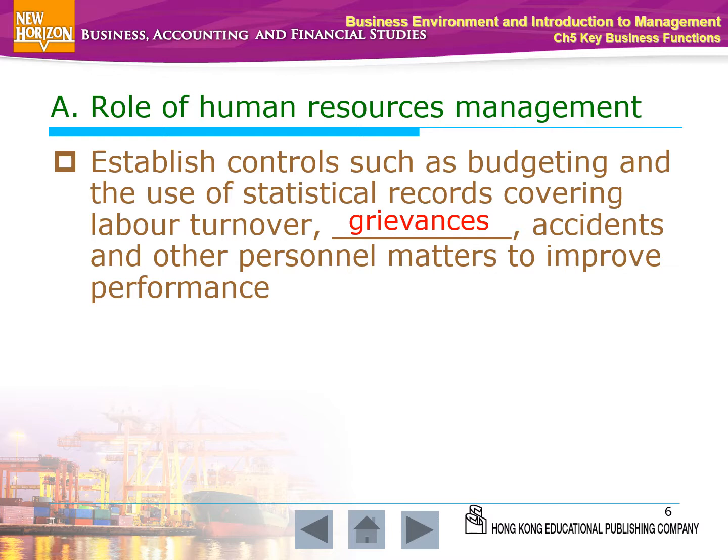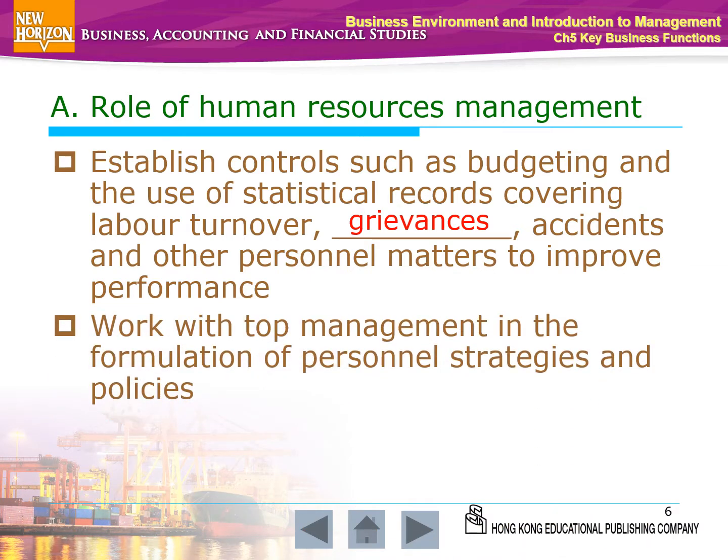Of course, if the employees have many grievances, that means dissatisfaction with the company's policy or the company's task, they will leave the company. So the HR department is trying to keep such kind of grievances as low as possible. Of course, accidents and other personnel matters are all affairs which should be dealt with by the human resources management.